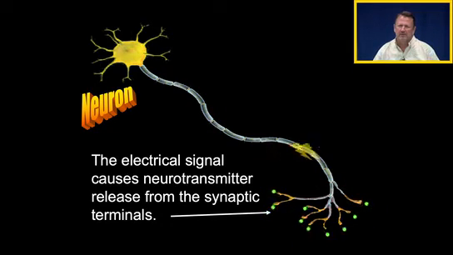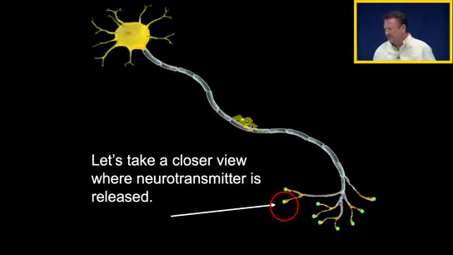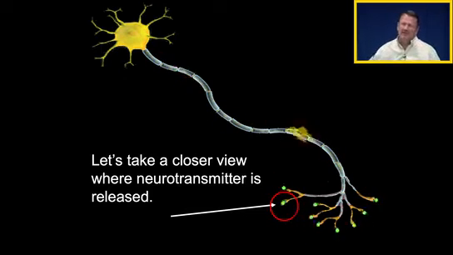As my electrical signal comes down the axon, by the time it gets to the synaptic terminals, it causes a chemical signal to be released. So let's take a closer look at this chemical signal where this neurotransmitter is being released. The neurotransmitter is the chemical signal coming from the synaptic terminals, and the synaptic terminals are releasing the neurotransmitter because of the action potential.